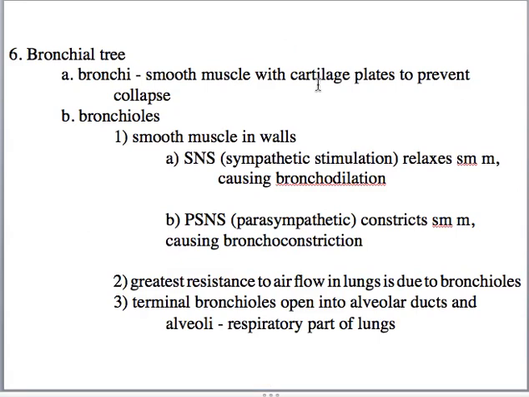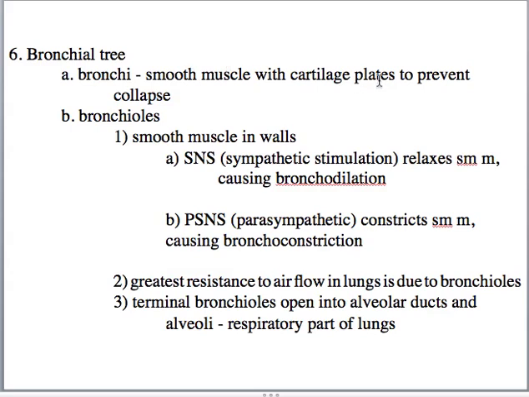All right, so in the bronchial tree, which I just mentioned, we have what are called bronchi that have cartilage plates, and they have smooth muscle inside them. The cartilage plates are there to help prevent the tube from collapsing, just like we talked about the trachea is prevented from collapsing because of those C-shaped cartilage rings.